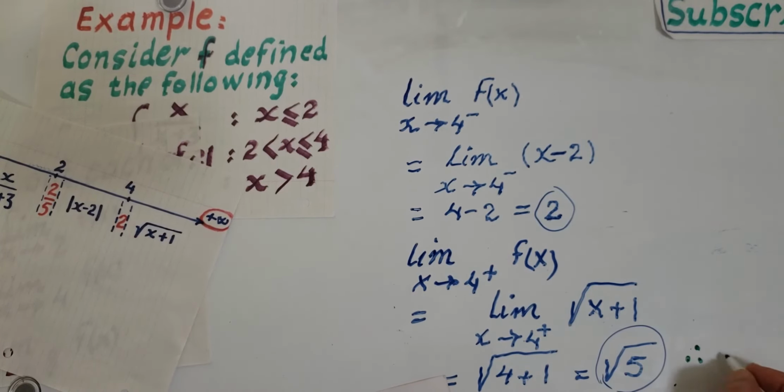So the limit of f of x when x approaches 4 does not exist. NE, I mean not exist.